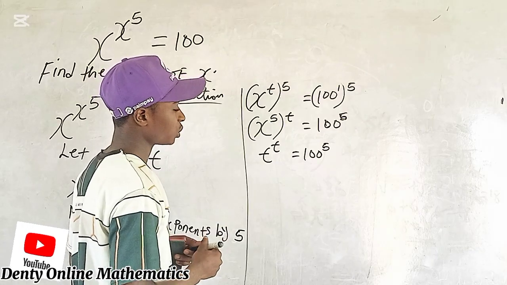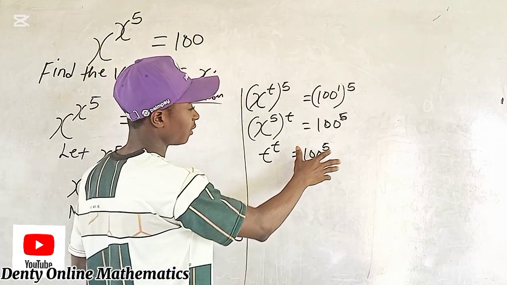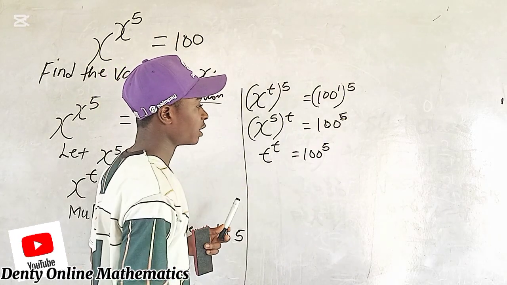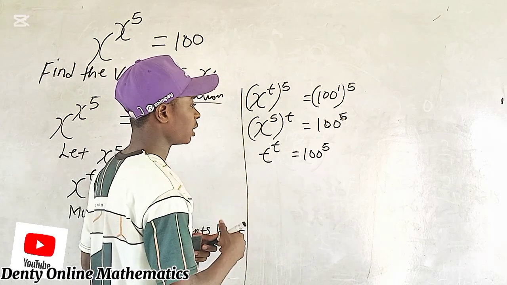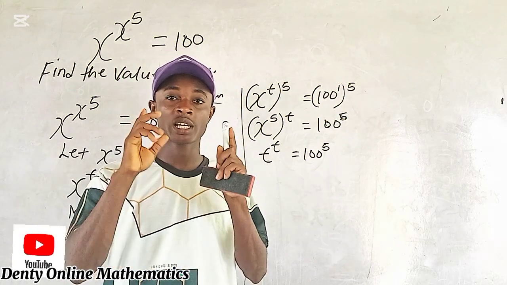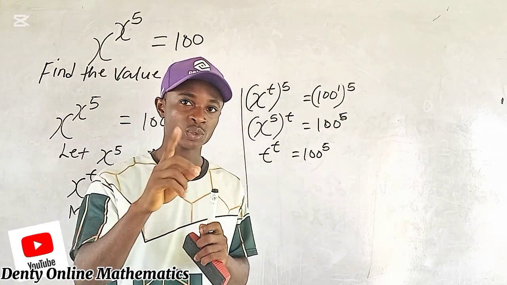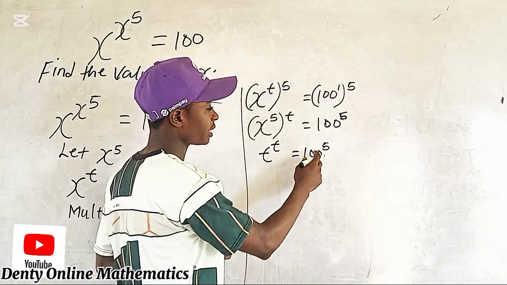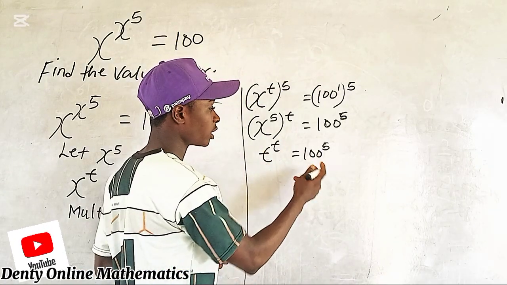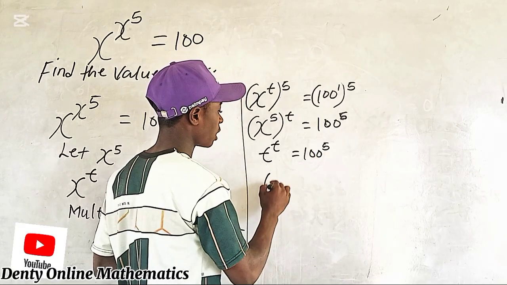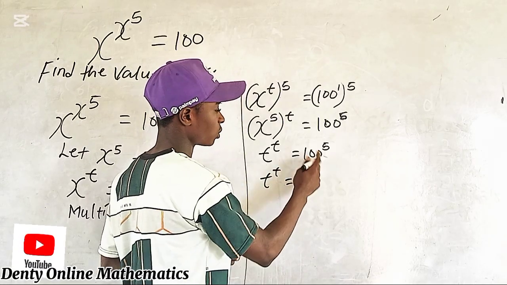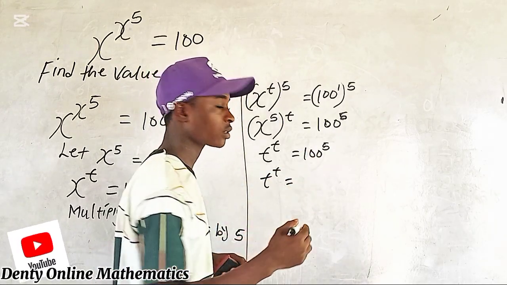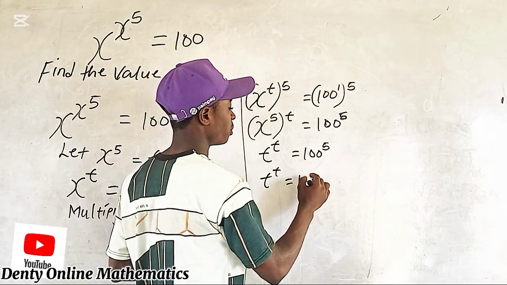Now what I can also do here is this: I have 100 raised to the power of 5. So I can still express this in another way. So we are going to express 100 in index form. So I'm going to have t raised to the power of t to be equal to 100, and we can express it in index form to be 10 raised to the power of 2.